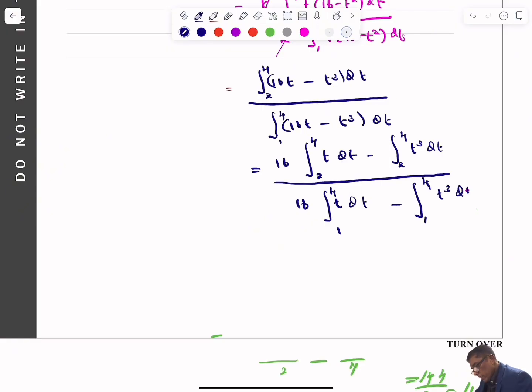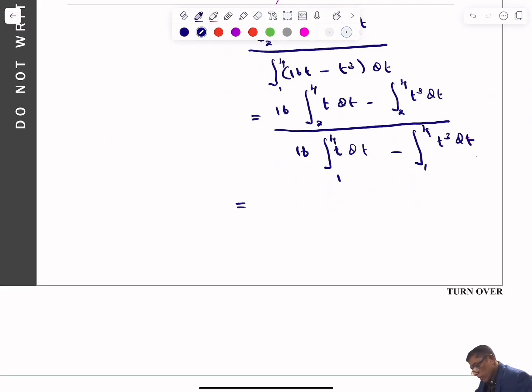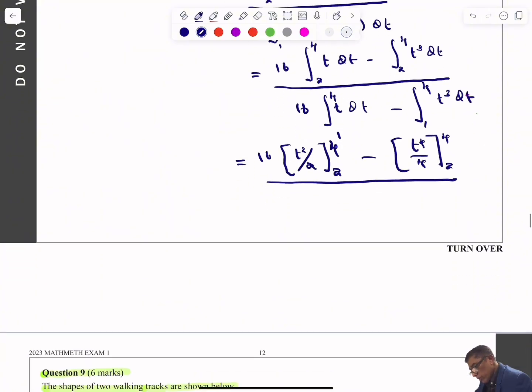16, this is t square on 2 from 2 to 4, minus this is t^4 on 4 from 2 to 4, divided by 16, this is t square on 2 from 1 to 4, t^4 on 4 from 1 to 4.